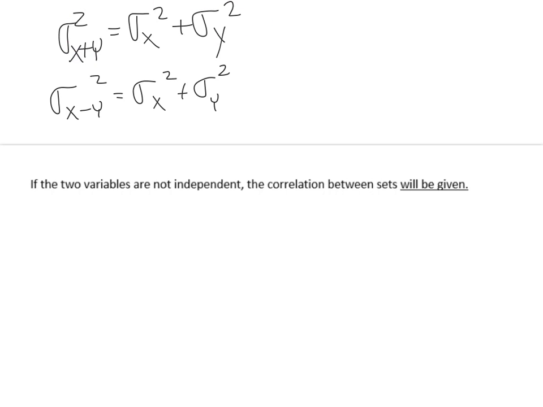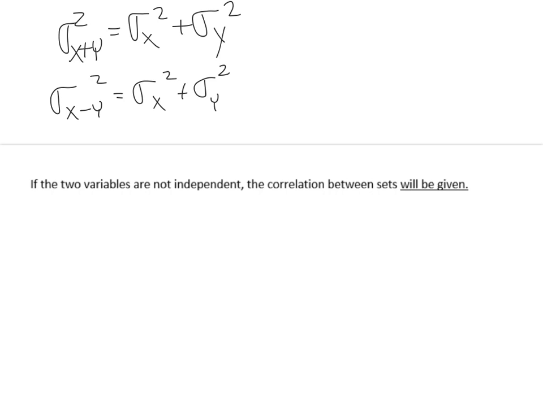So this rule up here, if you're doing x plus y, variance of x plus the variance of y. If you're taking the variance of the difference of random variables, it doesn't matter that you're taking the difference, it is still the variance of x plus the variance of y. So it doesn't matter if it's a subtraction or addition, the random variables will always be the sum of the variances, it will never be the difference.